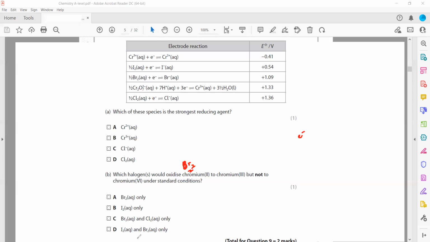So if I work out iodine and it happens, I can get the final answer. This is equation A, and I'm checking whether iodine can convert chromium 2 to chromium 3. When we check, this is a higher voltage, so oxidation happens, the iodine molecule turns to iodide.